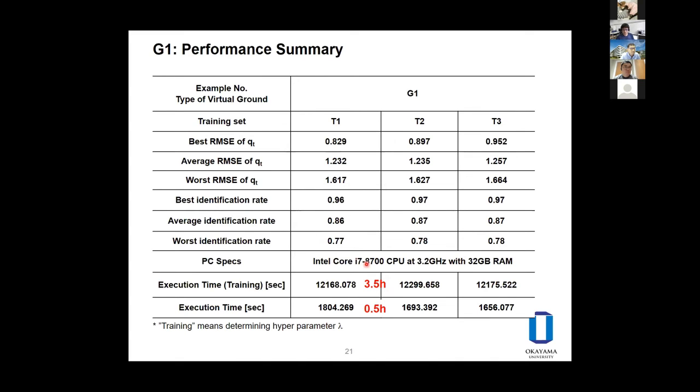We use this spec of computers to analyze these benchmark examples, and it takes about 3.5 hours for training and 0.5 hours for getting the final result. So it took 4 hours in total to get the results of G1 T1.